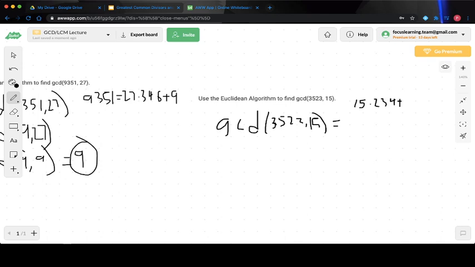Using the Euclidean algorithm, we just want the remainder. So this is equal to the GCD of 13 and 15. And since 13 and 15 are relatively prime, our GCD is just 1. Final answer.